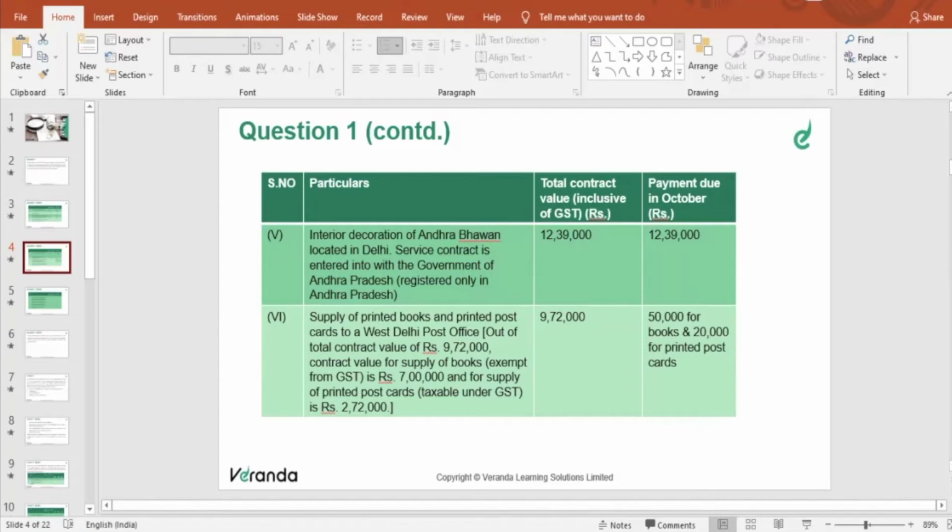Again, repeating it, the total contract value is 9,72,000. Suppose out of that 9,60,000 is books, which is exempt, and only 12,000 is postcards. Even then, we will be looking at the total value of the contract, which is exceeding 2,50,000, and that's why TDS provisions are supposed to be applicable.